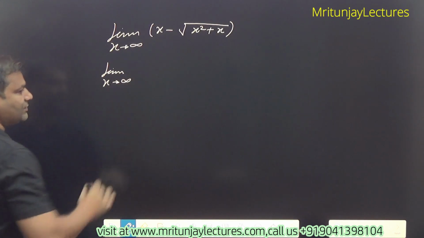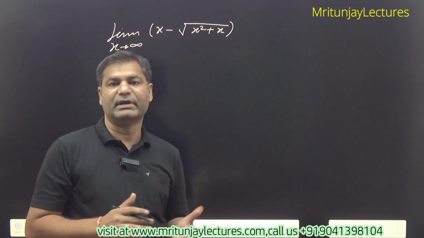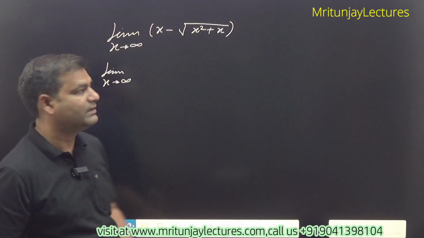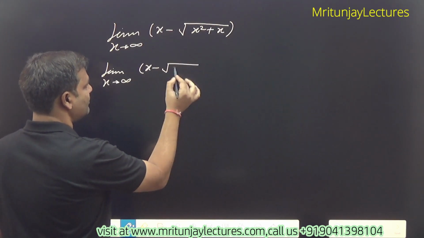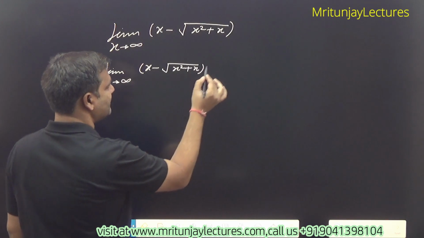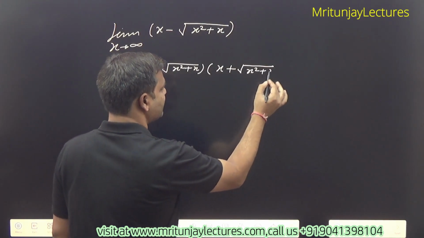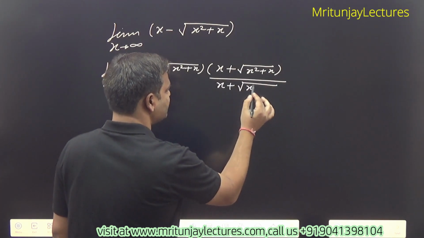If you want to apply L'Hospital rule, then this must be converted to 0 by 0 form or infinity by infinity form. So how can we convert? Rationalize by multiplying and dividing by x plus square root of x square plus x.